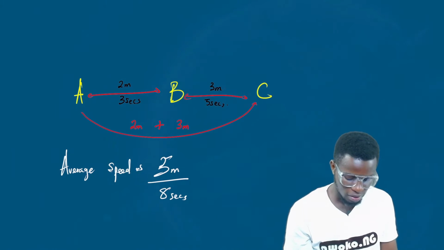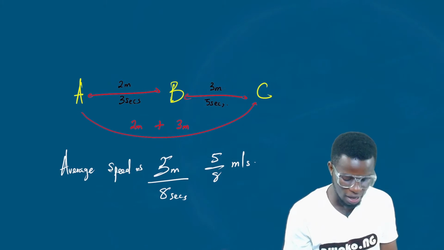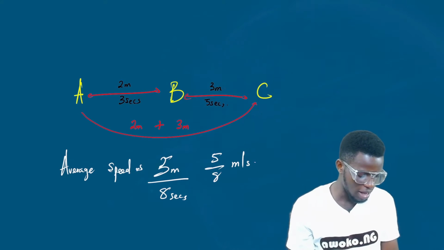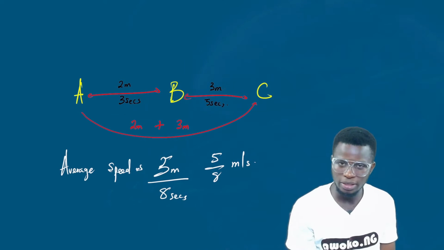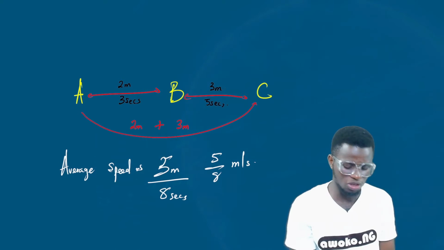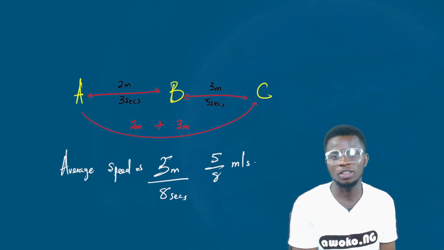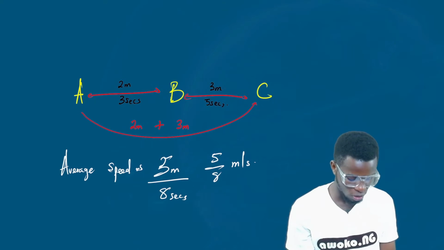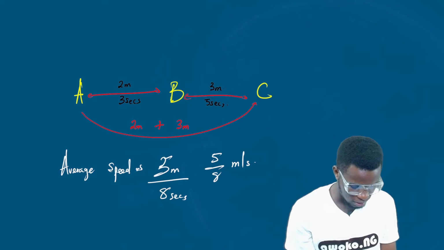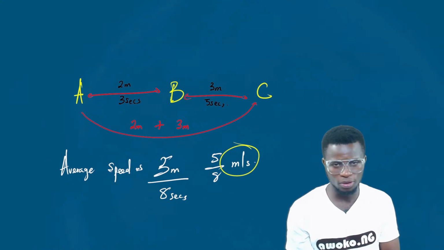So this is 5 over 8 meters per second as the average speed covered by this body. This is just a normal illustration of the concept of average speed. Like you saw here, the SI unit is meters per second.